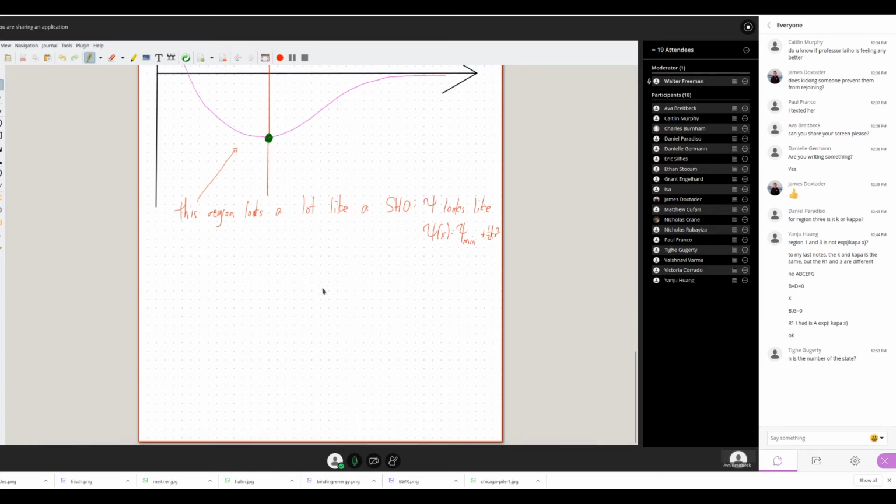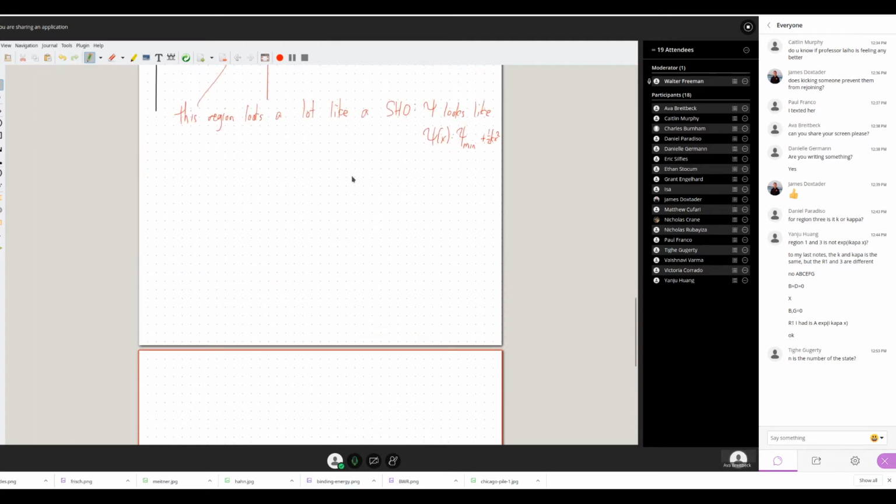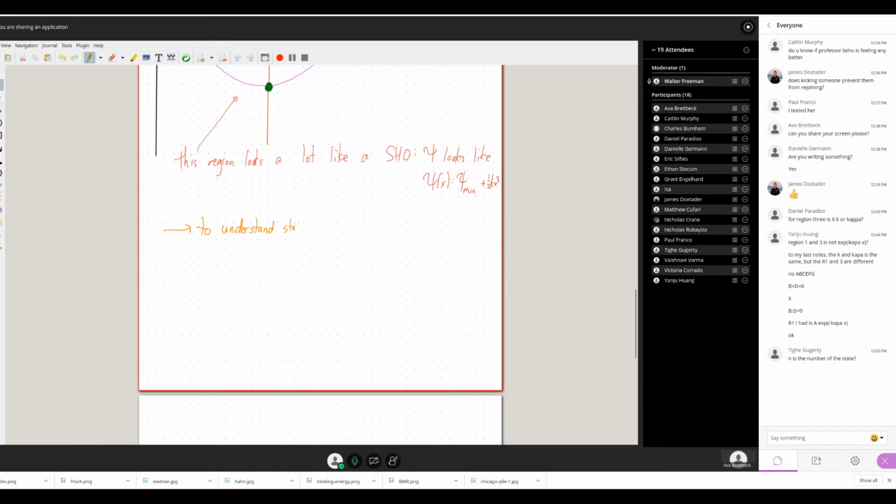So what you're doing for homework, the approach to that problem is, if you want to understand the vibrational states of a molecule, then you Taylor expand the potential around the minimum and keep terms up to second order.